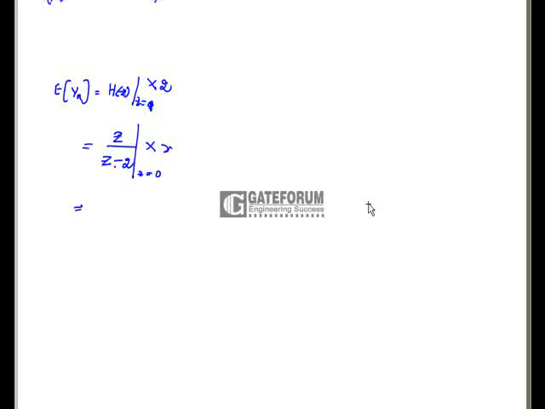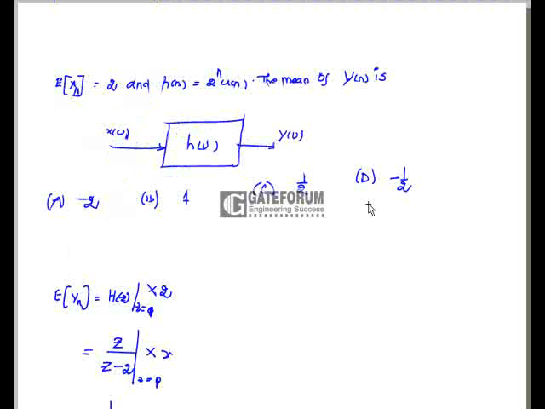We have to substitute. So 1 by 1 minus 2 into 2, which is nothing but minus 1 into 2, that is minus 2 is the correct answer. That is option A is correct. Option A is minus 2 here.